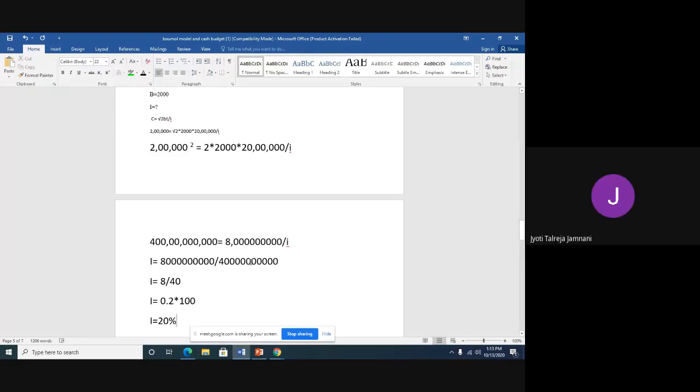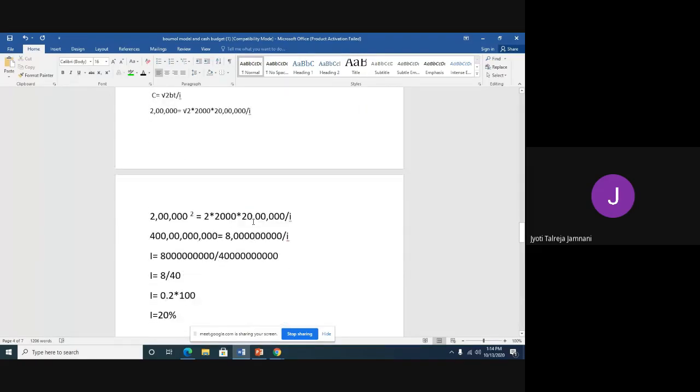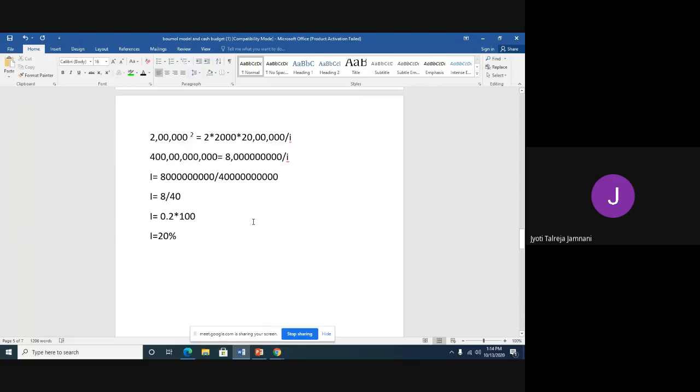So if any one value is missing, this is the way to find it. So instead of I, suppose B was missing, then what would we have done? Same way, square root taken to that side, and then we would have multiplied whatever we have, 2 into 20 lakh into B and I value, then we take it to the other side. So simply one value will be missing, and using mathematical formulas, we'll have to solve it.